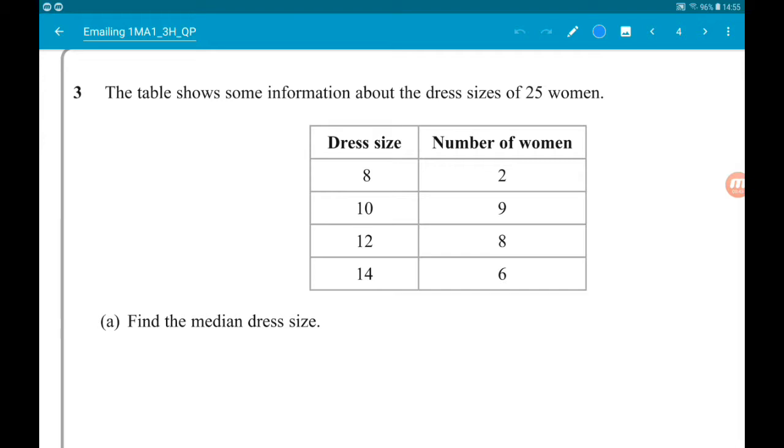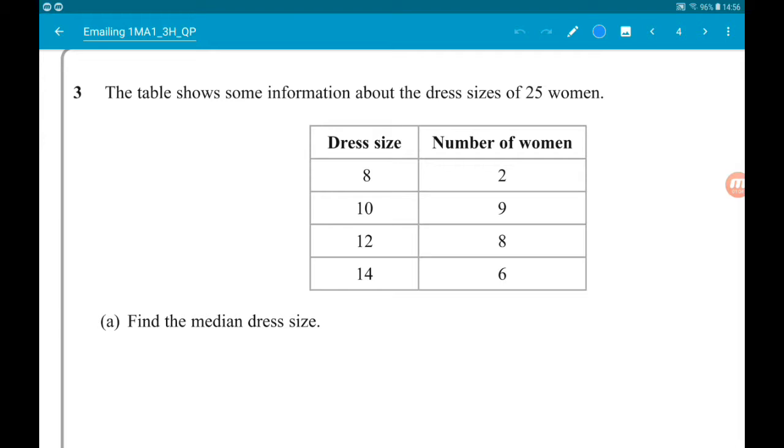So what we can do instead is find the number of the piece of data which would be the median. If we put all 25 of these women in order, we could find which number woman would be the middle one and then get our dress size.